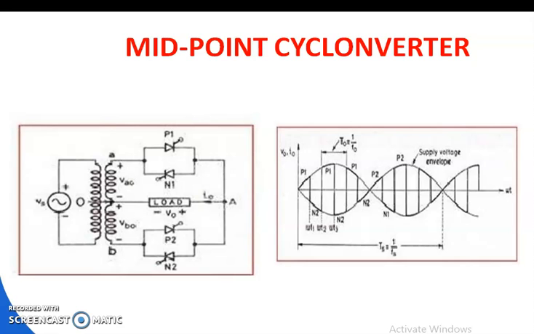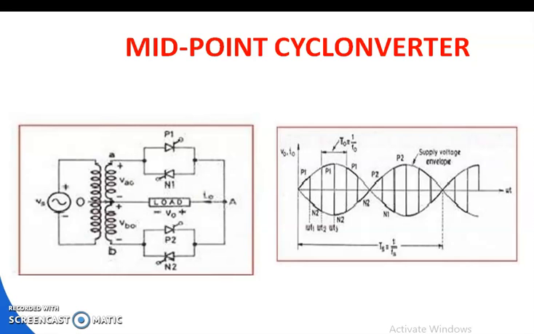Let us come to case number 1. In case number 1, let us assume that initially one pair of thyristors conducts at a time, such that one is from the positive group and another from the negative group.